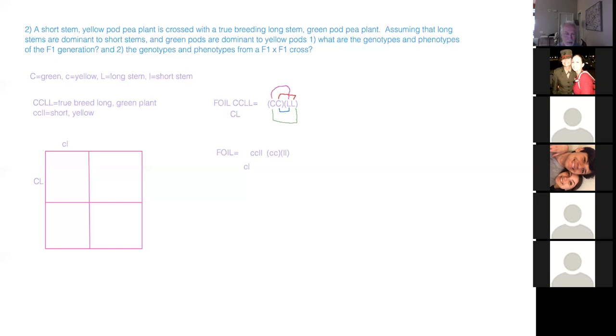What am I going to get out of a cross here in these F1s with big C, big L crossed to little c, little l? So essentially, we're going to take each letter individually and drop. We're going to take the big C and put it over here on the right.